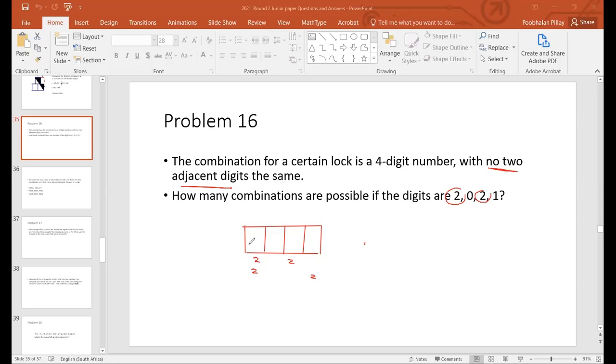All right, now the next one is suppose 2 is in the second position. Now the other 2 will have to be here. You can't have it there, but you can have it here. Right? 2 is in the second position, and your second 2 is here.